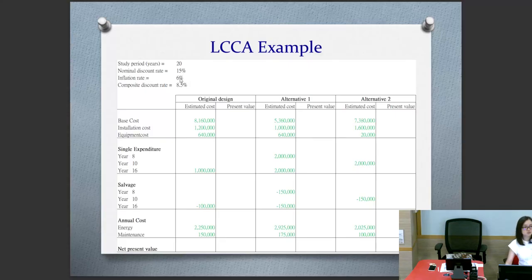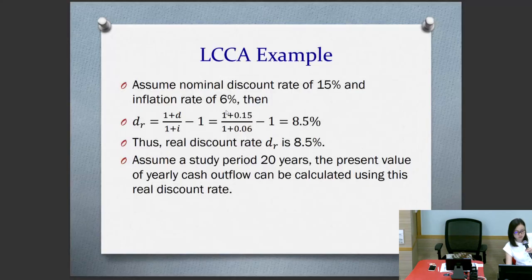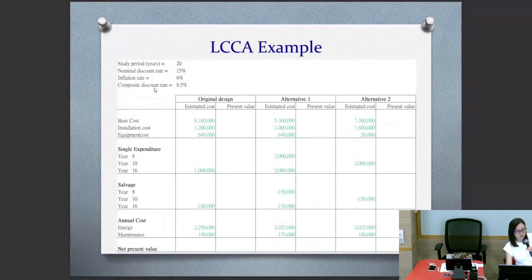So if you use the equation that we have explained just before the break, then the real discount rate will be 8.5%. That is using this equation. So 1 plus D divided by 1 plus I, the inflation, and then minus 1, and we have the real discount rate. So here, 8.5% is the real discount rate, or the composite discount rate.